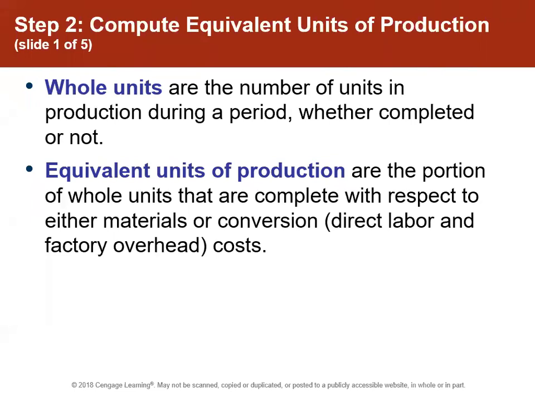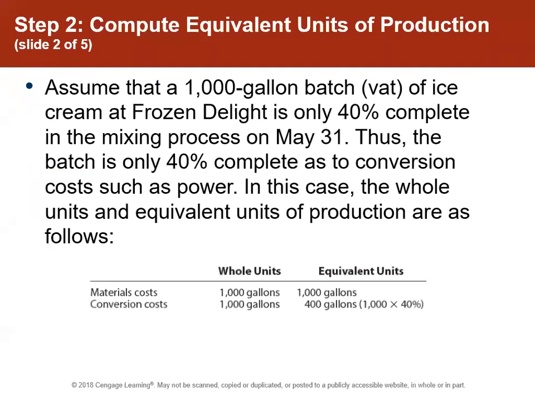Okay, so equivalent units of production are the portion of whole units that would be completed based on how many costs were added in the period. So they're going to tell you, like ending inventory was 3,000 and they were 60% complete, meaning we still need to add 40% more labor and overhead to complete them. Okay, does that make sense? So equivalent units of production is a very important concept to understand. It's really the new stuff.